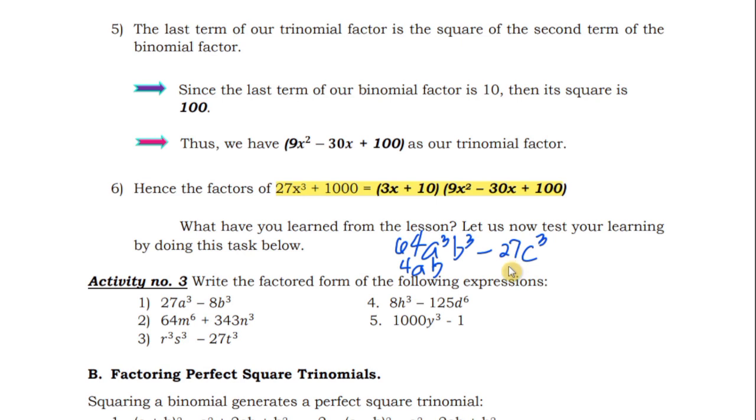Meanwhile, here is 27c cubed. c cubed is a perfect cube of 3c. So the first factor of the binomial is 4ab minus 3c. I will repeat writing this one because it's just so messy and untidy to look at.